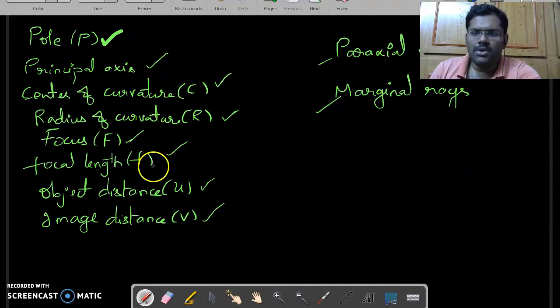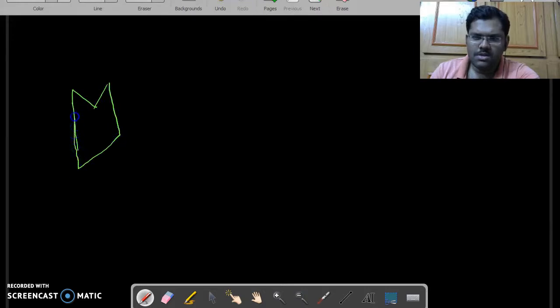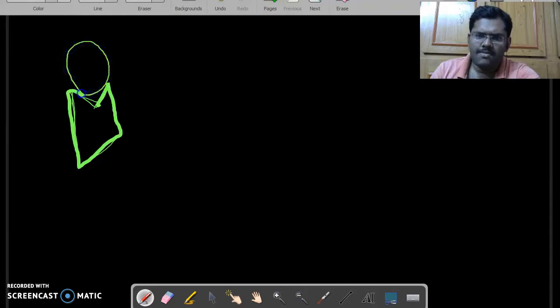how to calculate the focal length experimentally. How to calculate the focal length of the mirror. So let us do an activity over here. It is a small activity. So we take a V stand. So this is a V stand. Upon that V stand we have kept a concave mirror.